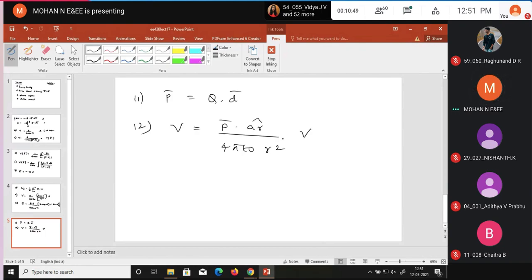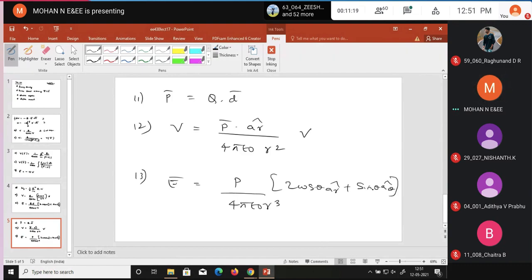This is the potential due to a dipole. Similarly you can express the field in terms of dipole moment as P divided by 4 pi epsilon naught r cube, into 2 cos theta ar cap plus sin theta a theta. This is what we have discussed.